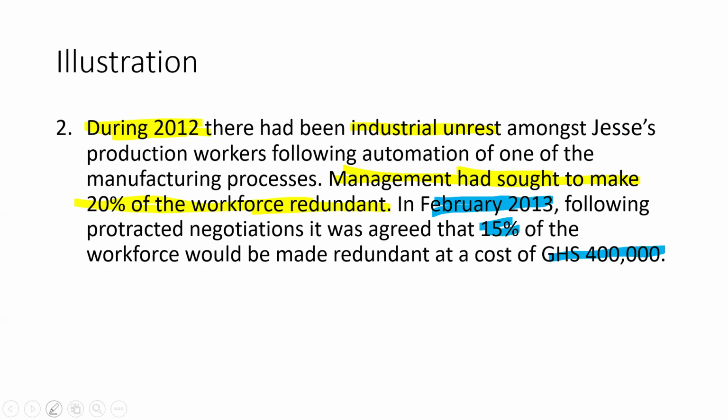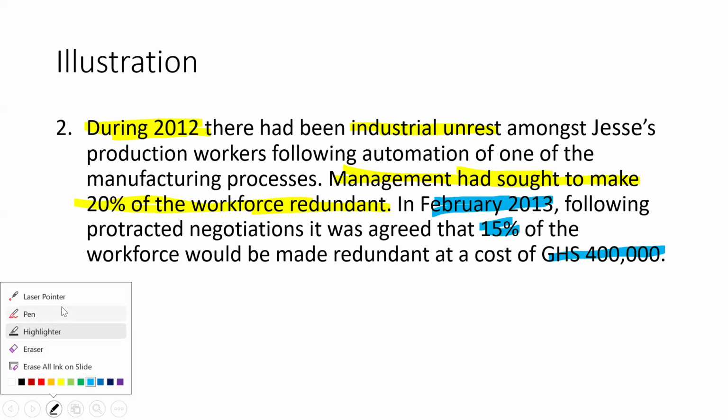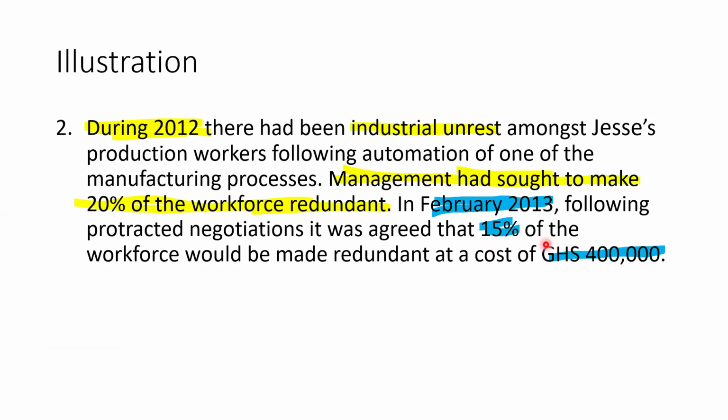Before you know it's an adjusting event, you ask yourself, is there any evidence that the issues leading to the redundant cost of 400,000 started way back in the reporting period? Because the standard says that it gives evidence of a condition that existed as at the reporting date.